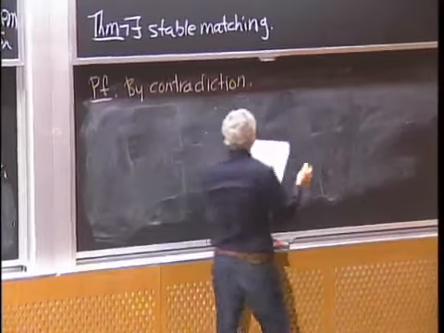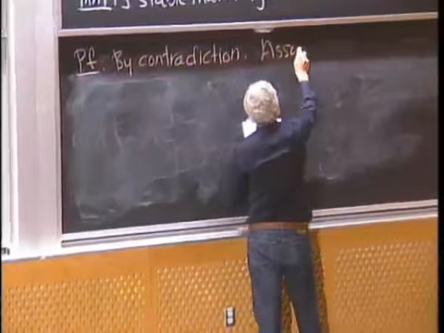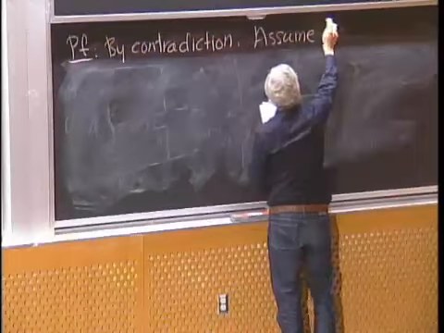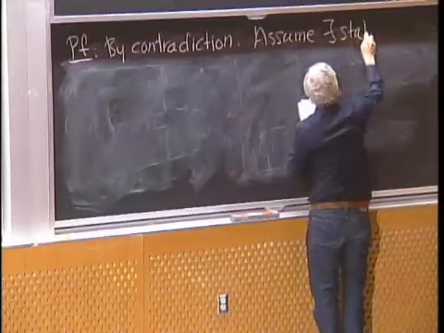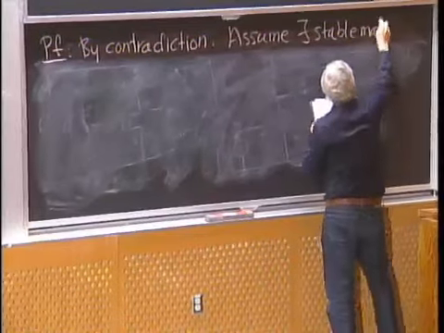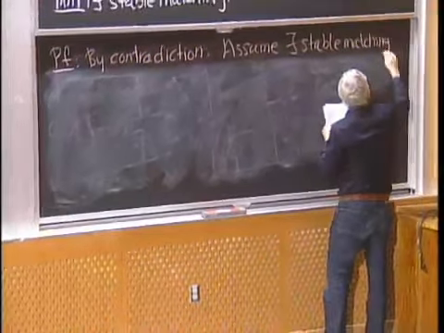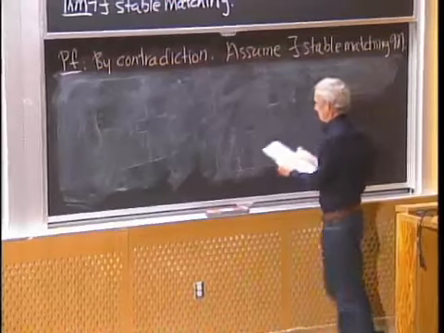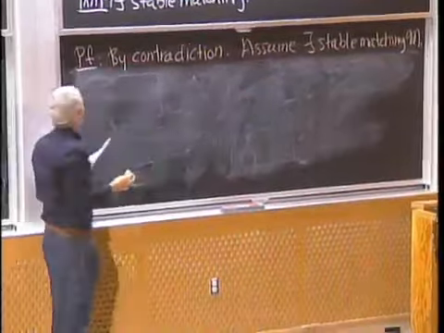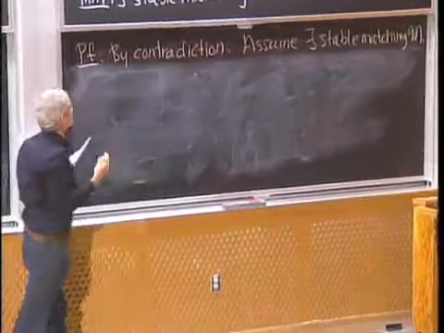All right, so assume there exists a stable matching. We're going to find a rogue couple in it. So call the stable matching M. Well, if there's a stable matching, Murgatroyd's got to get married to somebody. Murgatroyd will be matched with someone.